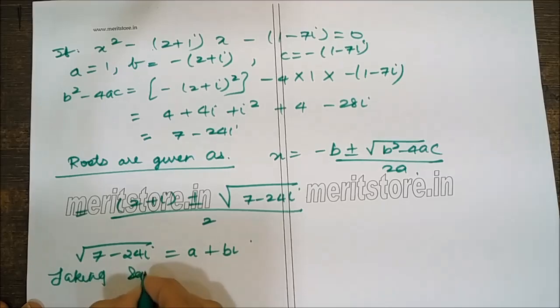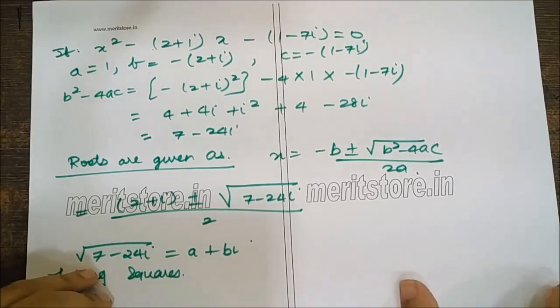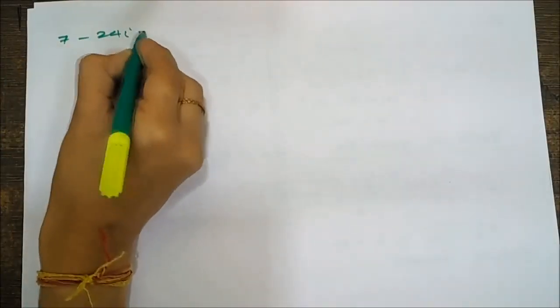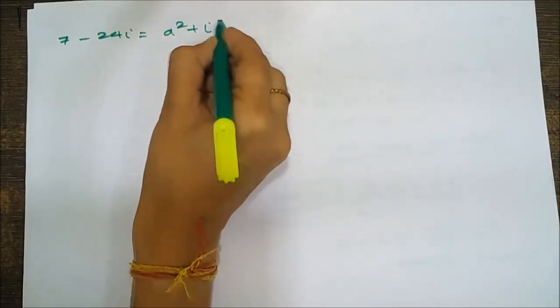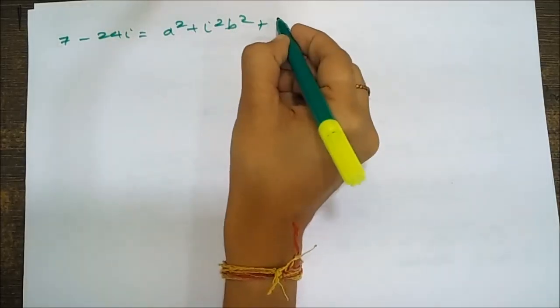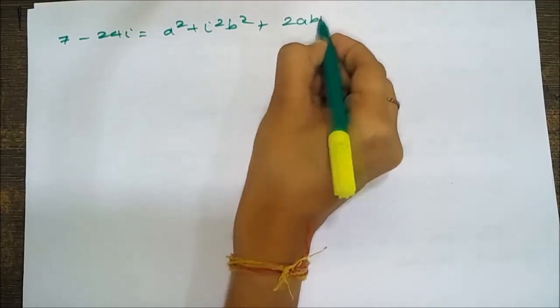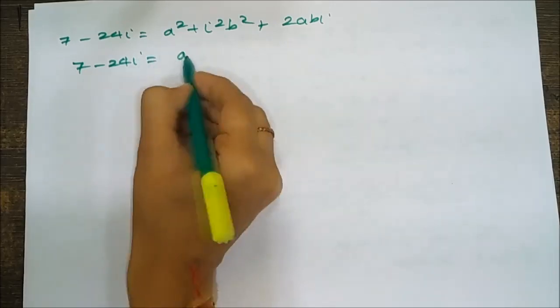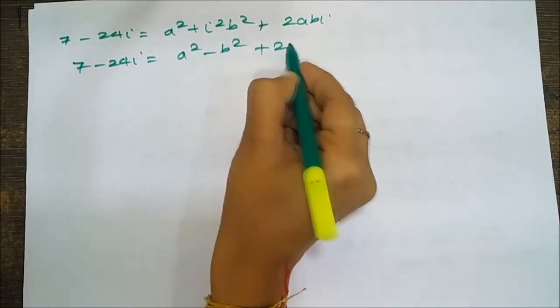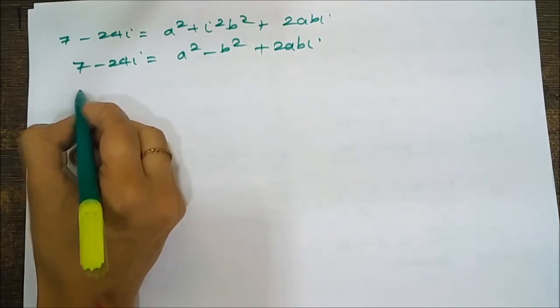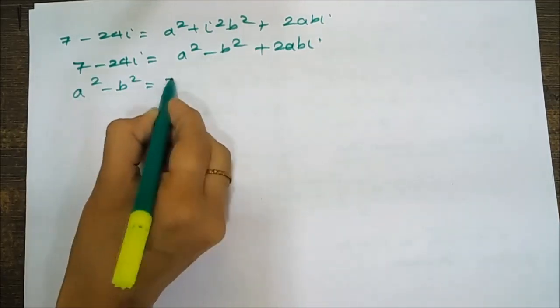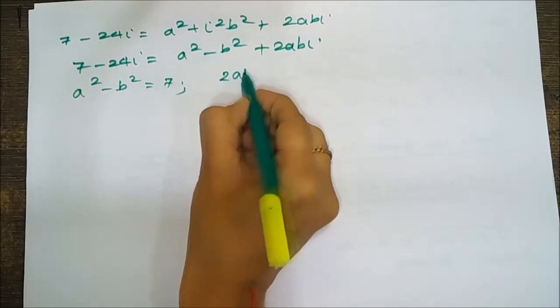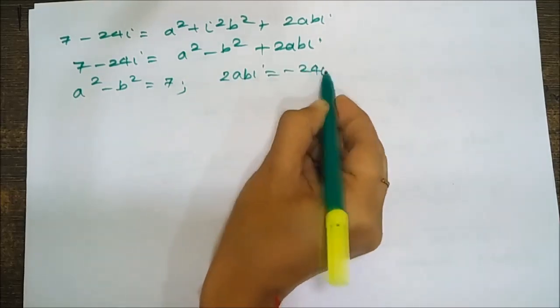Taking squares, you get 7 plus 24i is equal to a square plus i square b square plus 2abi. So 7 plus 24i is equal to a square minus b square plus 2abi. a square minus b square is equal to 7, and 2abi is equal to 24i. Real, imaginary.